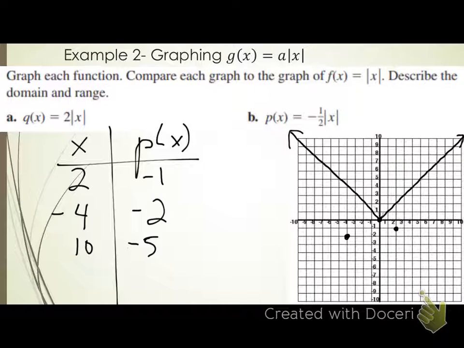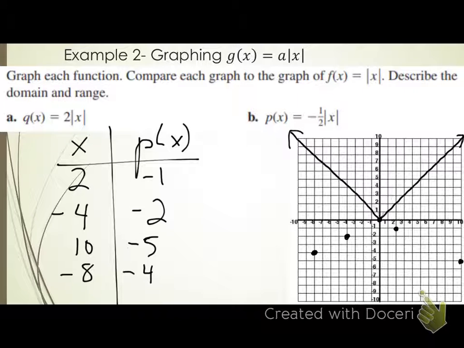So write 10 down 1, 2, 3, 4, 5. It's another one. Negative 8. Absolute value of negative 8? 8. 8 times negative 1/2? Negative 4. Negative 8, down 1, 2, 3, 4.